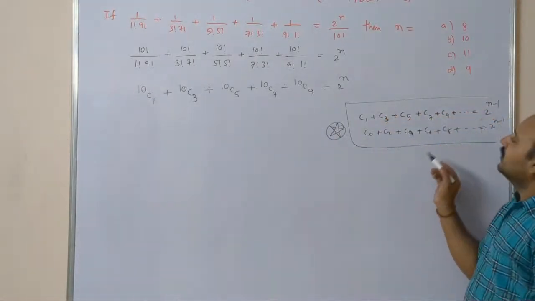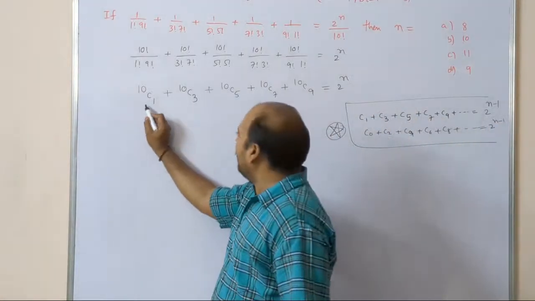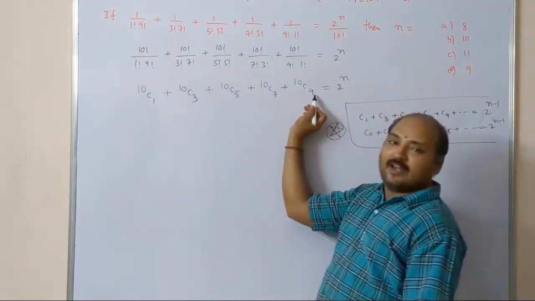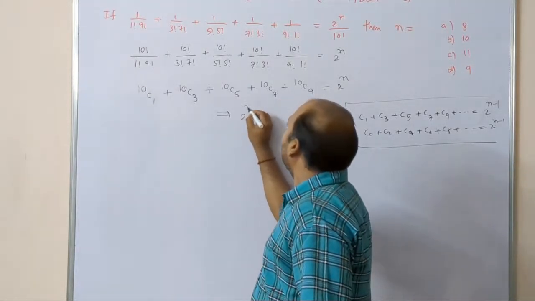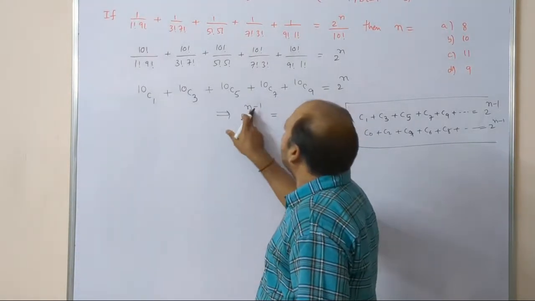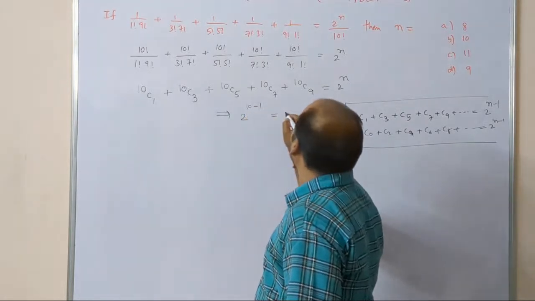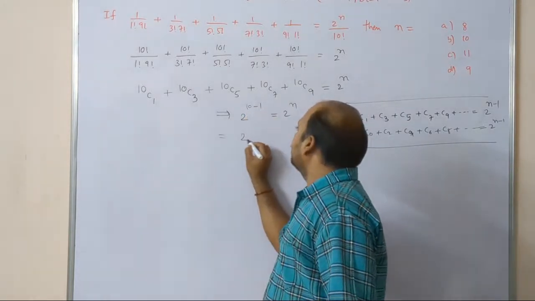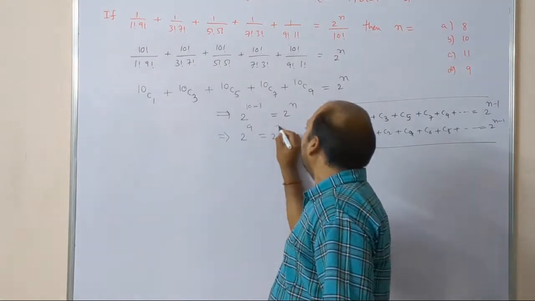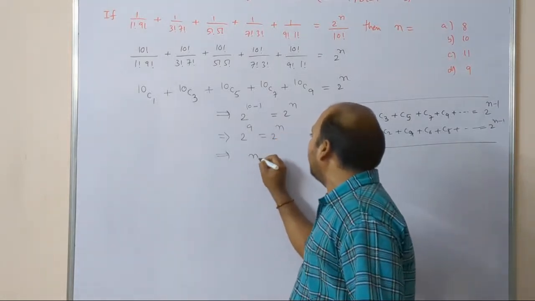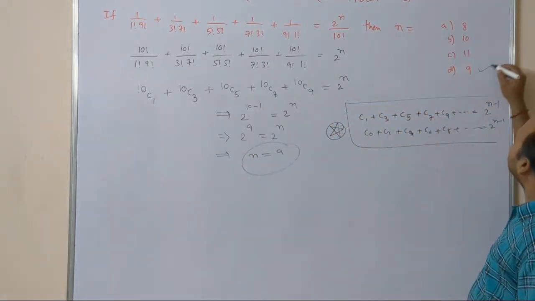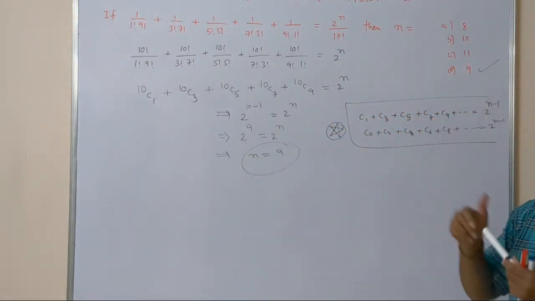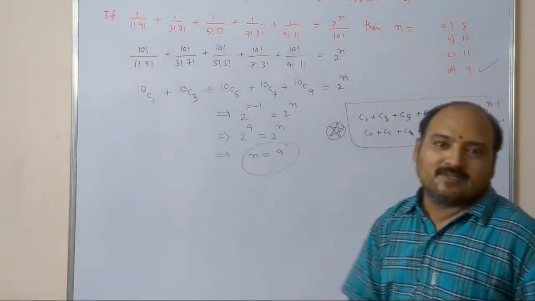So we can write this as 1, 3, 5 and so on. How many are there? 9. So total n is equal to what? 10. So 2 power n minus 1, with n equal to 10, gives 10 minus 1, equal to 2 power n. So 2 power 9 is equal to 2 power n. Bases are equal, so the exponents should be equated. So n is equal to 9, which is option number 4. I hope you understand this.